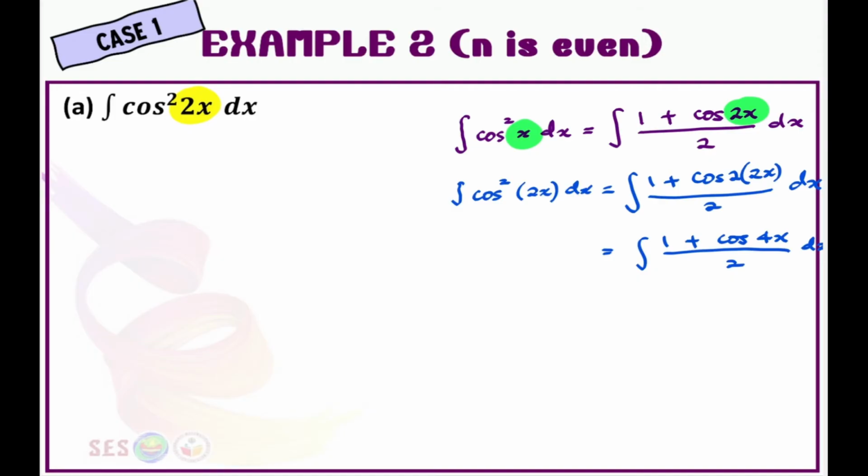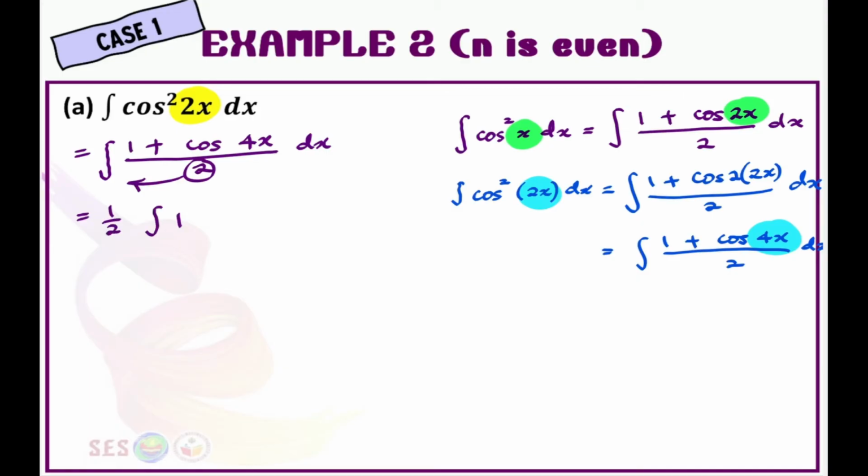If you can see, it's doubled from 2x to 4x. Okay, so now we can continue. Integrate cos squared 2x is the same as integrate 1 plus cos 4x over 2 dx. I can take 2 outside, so I have 1 over 2 integrate 1 plus cos 4x dx.